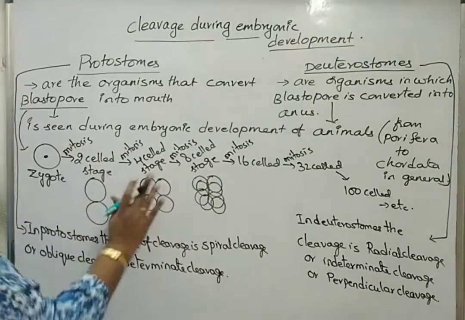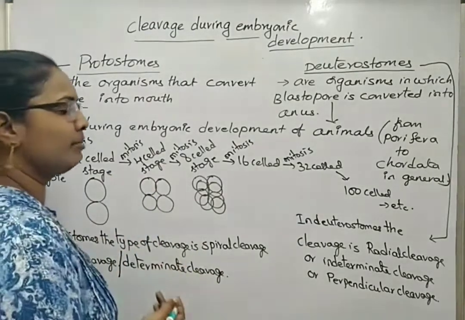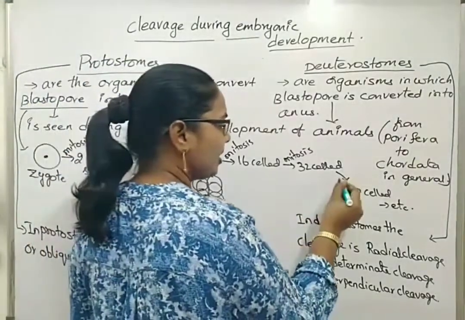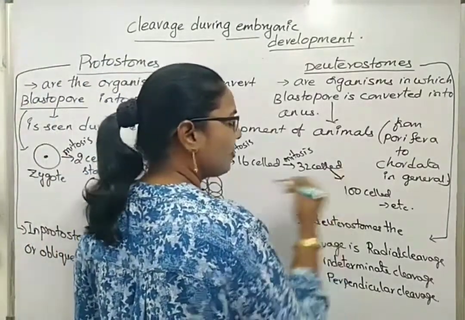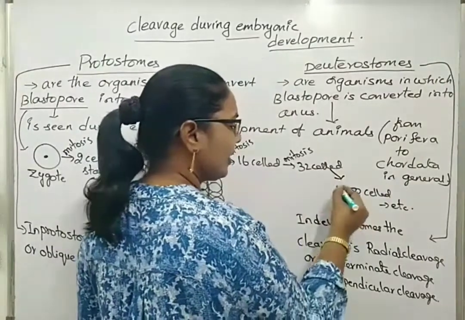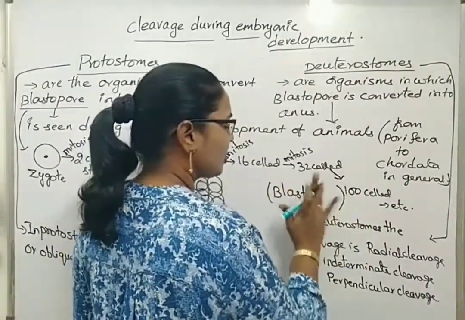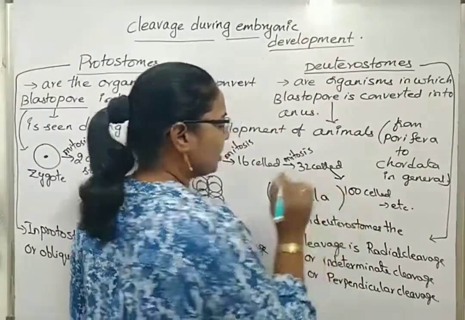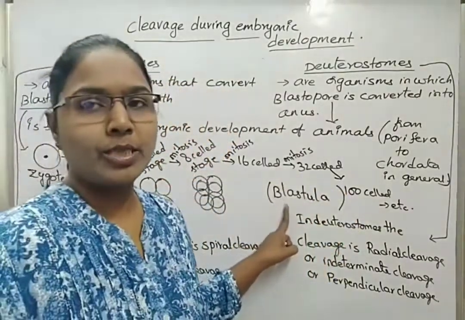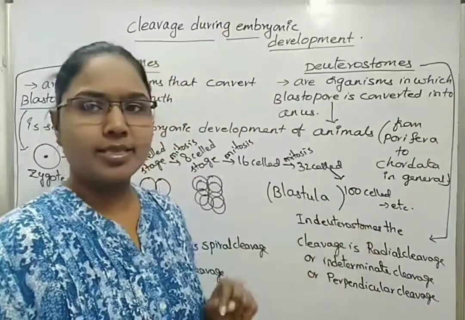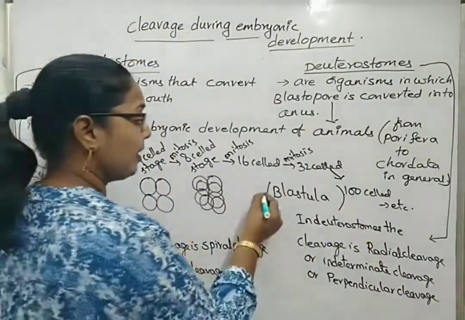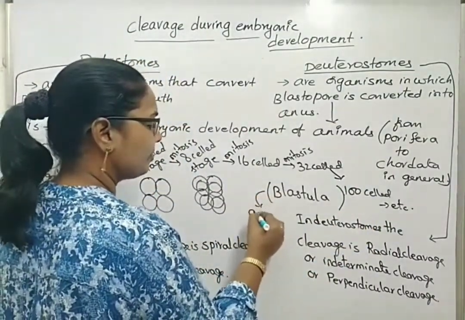So when the cells are increasing their number like this, after 32 cell stage, the structure is called blastula. Blastula will be having nearly 100 number of cells in it.